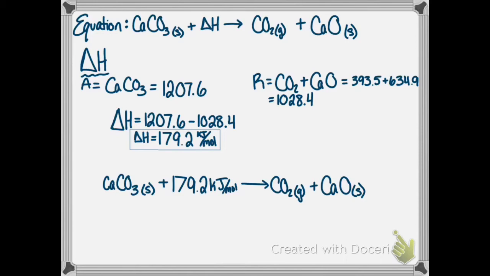Once we have our delta H variable, we still need to solve for delta G. So we're going to solve for our delta S variable now. In order to do that, we need our S of our reactants, and our only reactant is calcium carbonate. The value of that is up at the table above, which is 91.7 joules per mole Kelvin.